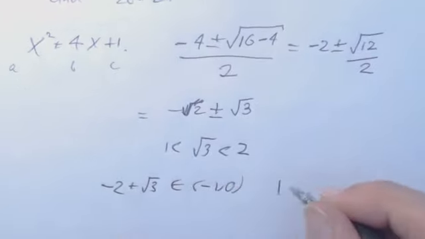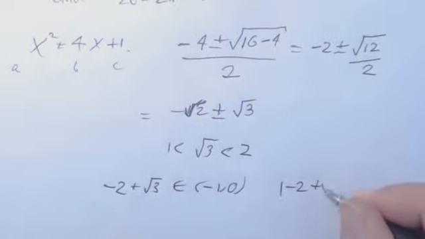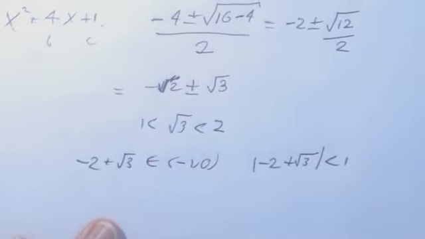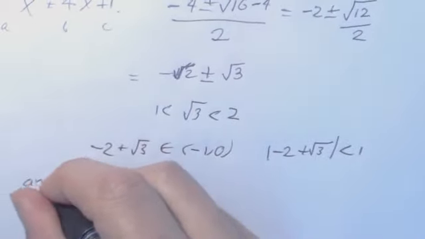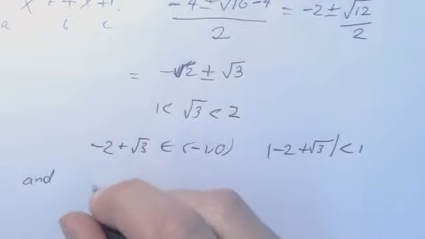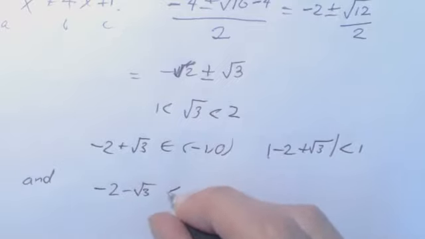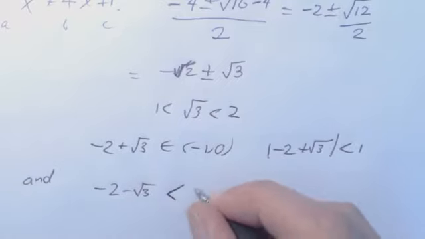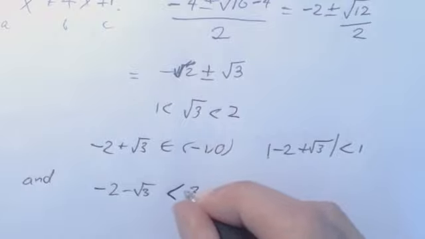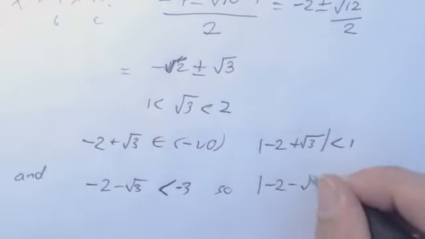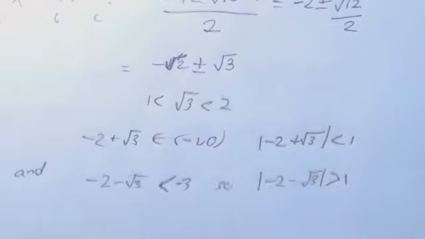So in other words, the absolute value of this is less than 1, and minus 2 minus square root of 3 is going to be less than minus 3. So the absolute value of minus 2 minus root 3 is going to be greater than 1.